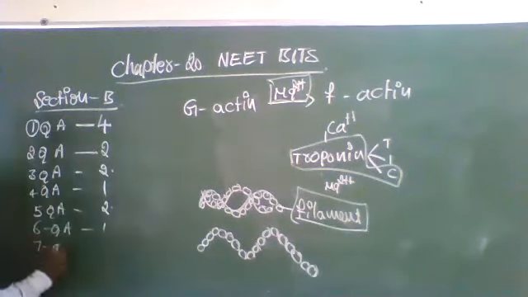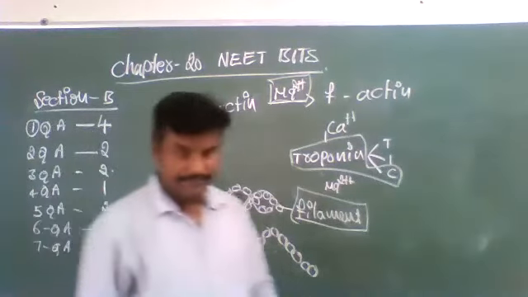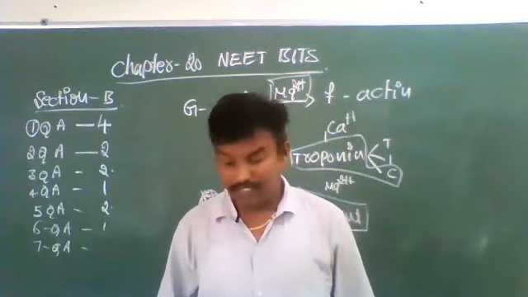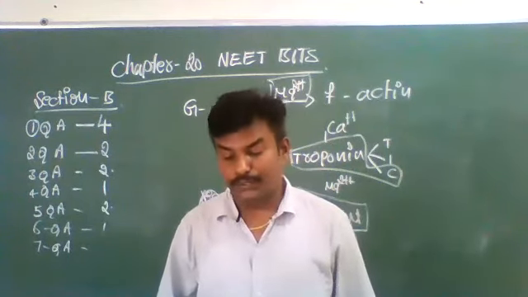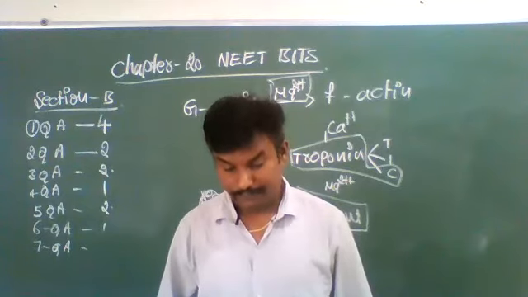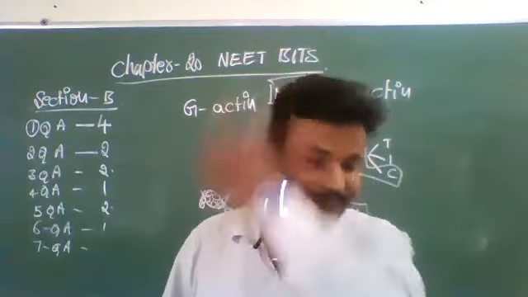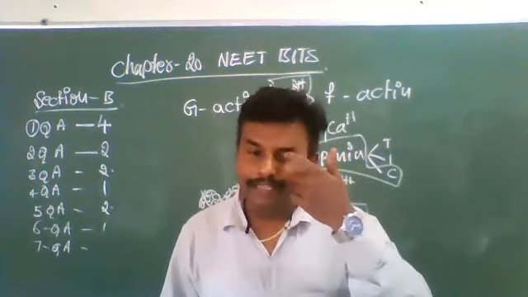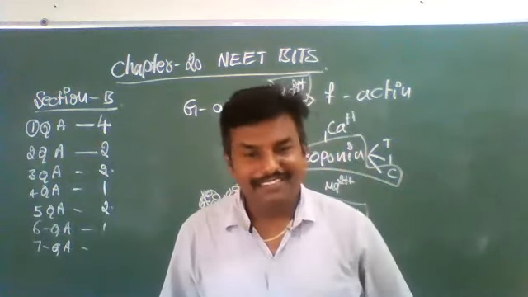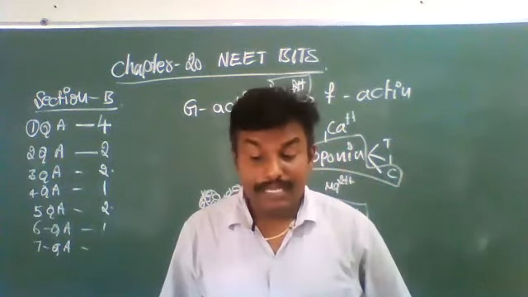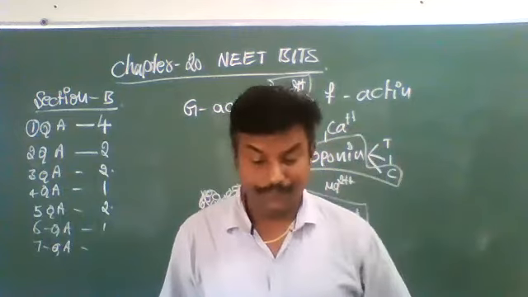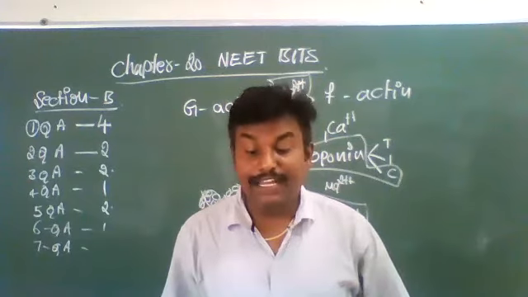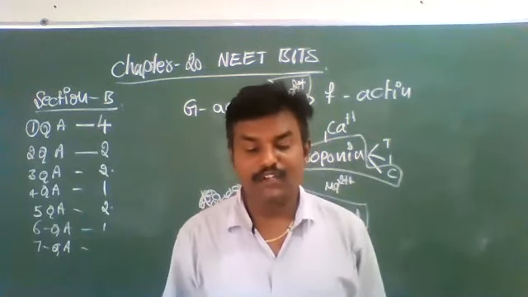Seventh question. Try to say the answer. In one of the following functions, white muscles are not used. Okay, so they said that white muscles are not used. Fast and energetic means working actively for a short duration.